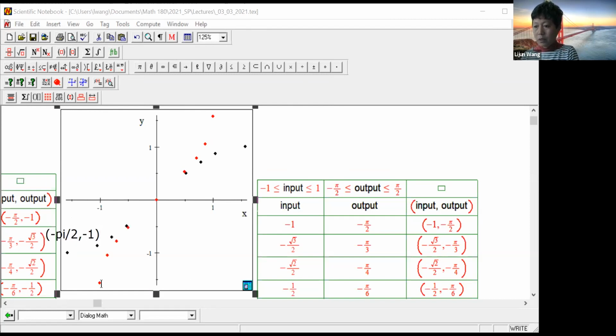Okay, and this other dot, I'm gonna use the color red. And this is gonna be negative 1, negative pi over 2. And this point, the red, is negative half, negative pi over 6.